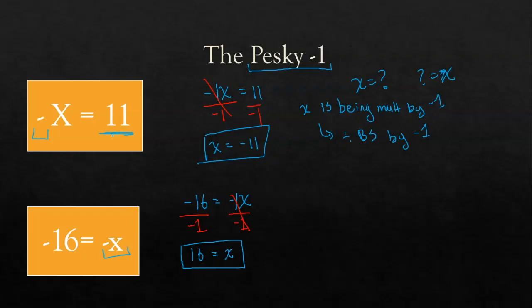So we had a positive 11 and you can see it flipped to a negative, right? And we had a -16 and it flipped to a positive. So you can just think of it as flipping the signs, but if that doesn't really stick with you, the reason it happens is because we're essentially dividing by -1. So hopefully that makes sense.